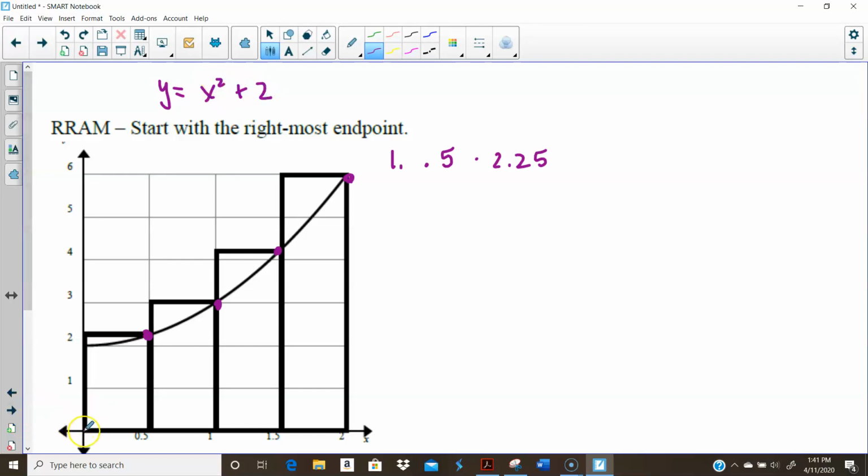This point right here is going to be f of 0.5. So if I take 0.5 and square it plus 2, I get 2.25. So 0.5 times 2.25 is going to be 1.125.